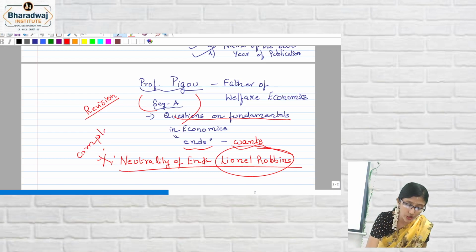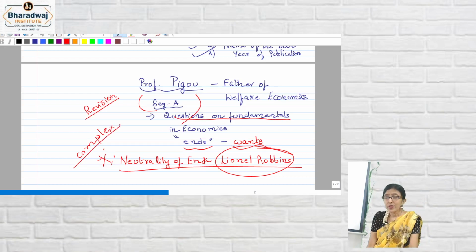Unless an explanation is given, you will not be able to understand. So repeatedly I say, this is a difficult question. So revise this segment from the material very carefully. Right? So neutrality means impartial, no bias. We are including all goods, all services in economics, wherever there is production, distribution, consumption and exchange.